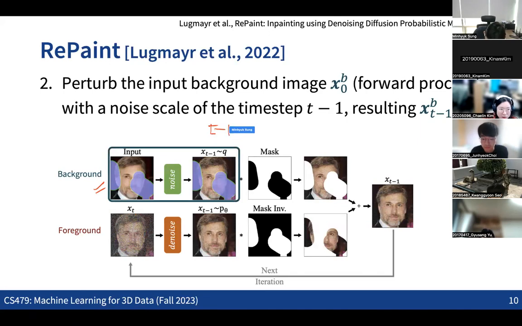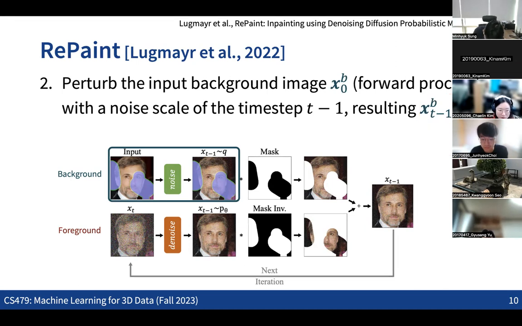So given the background image, we are running the forward process, adding some noise, doing some perturbation until the time step t minus one, which gives us the xt minus one of the background. So we have a noisy image coming from the background through the forward process, and also the noisy image coming from the foreground, which is coming from the reverse process until the time step t minus one.